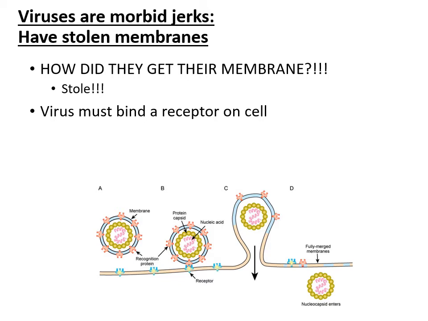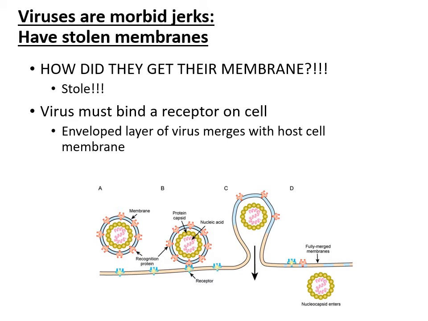When they go to burst out of it or to bud out of it, they will take part of the membrane. Why is that valuable to them? Well, that membrane is yours. It has your receptors on it. And that allows them to do two things. It allows them to merge with your other cells to infect them because of the matching receptors. And it helps them get around your body without your immune system being able to target them as well, because they look like your cells. So it's important to know that viruses steal membranes from the host.